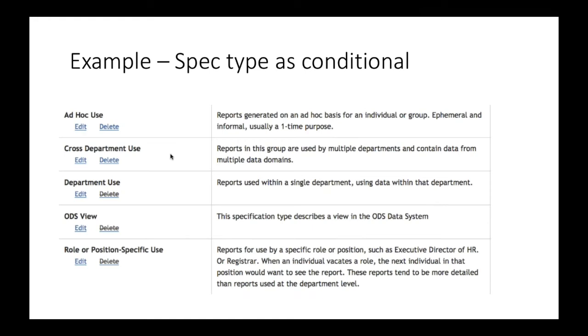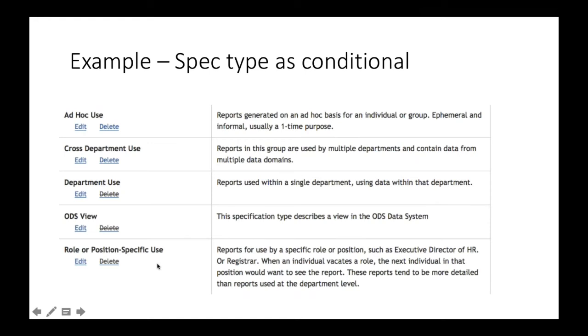Needs a high level of oversight, higher risk of confusion, misinterpretation. And so there was a governance group, actually, as the approver and the reviewer of reports that are assigned the cross-department use spec type. That's the highest, most weighty review process.